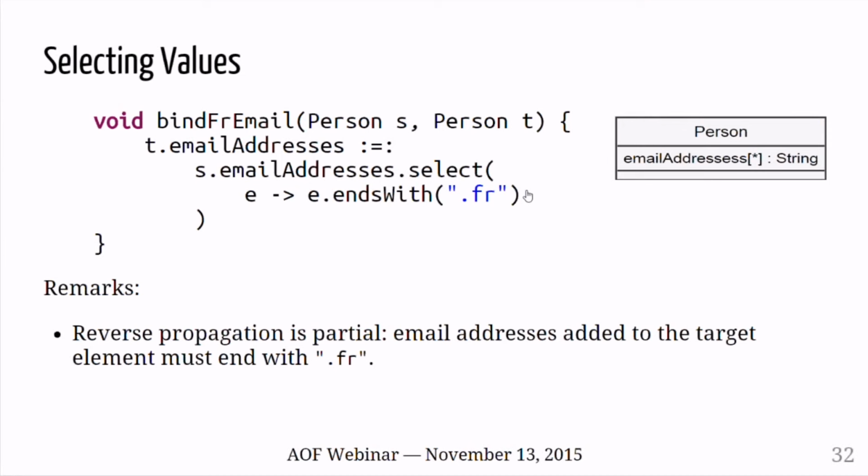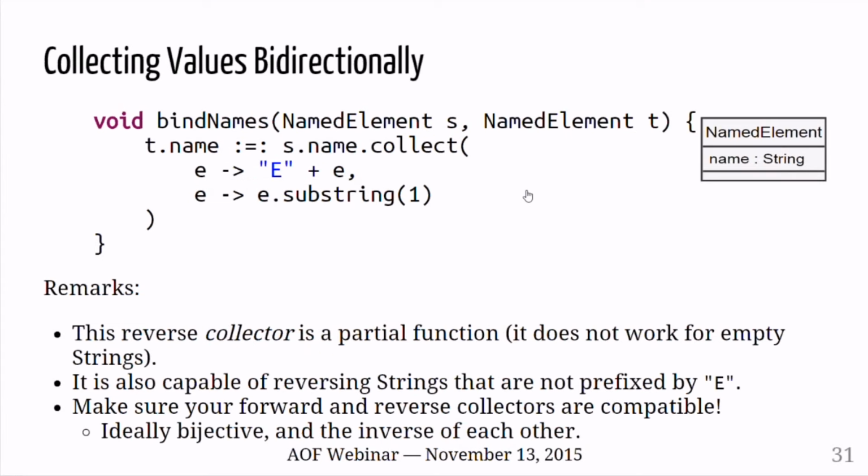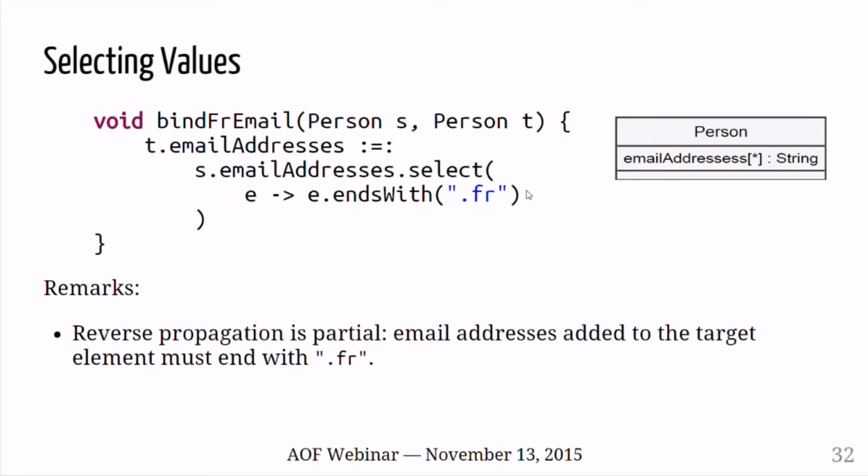So now we want to look at selecting values, so we are not just collecting, but we are trying to filter collections. So consider, for instance, a person which has email addresses. So these email addresses form a collection of strings, so it will be a box of strings for iOS.